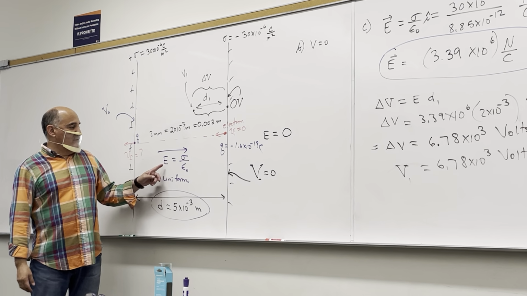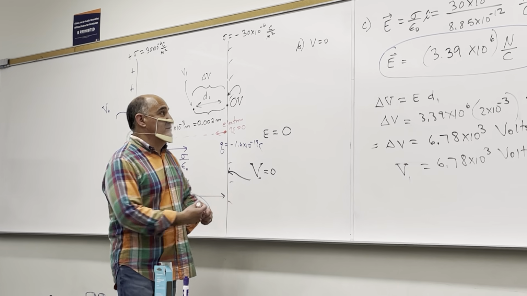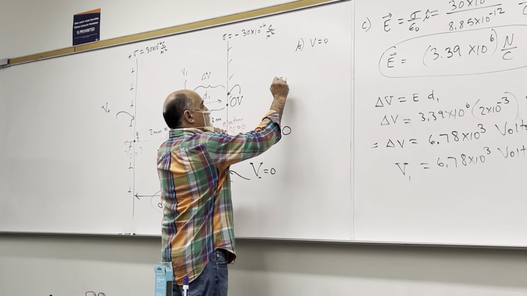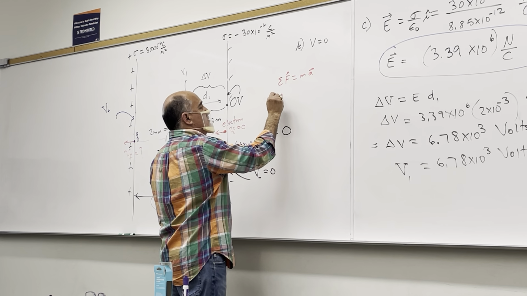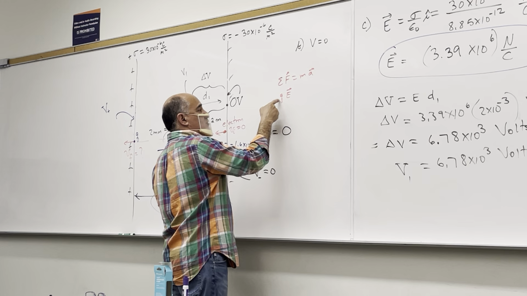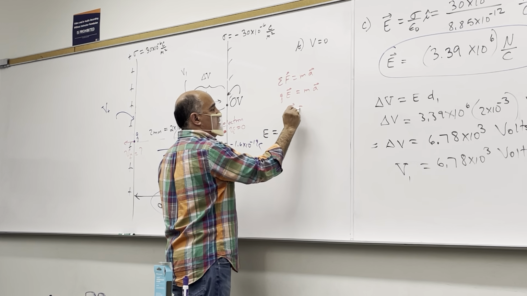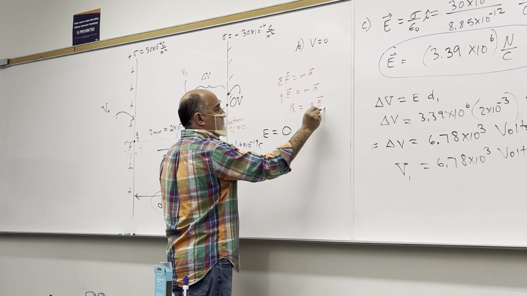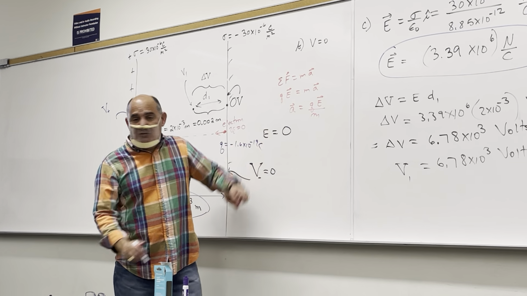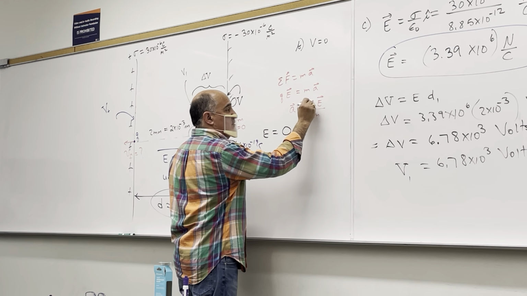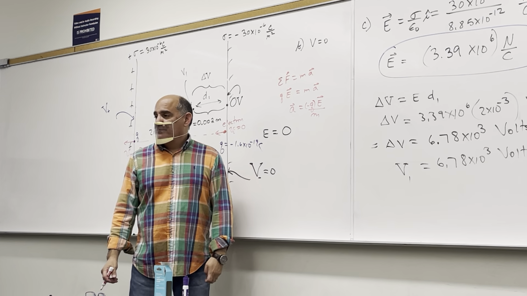The force will be Q times E, the charge of the electron times the field. The net force equals ma, so the acceleration would be QE divided by m. When you put in the charge of the electron, you remember that the electron is negative, so the acceleration vector is opposite to the electric field vector.